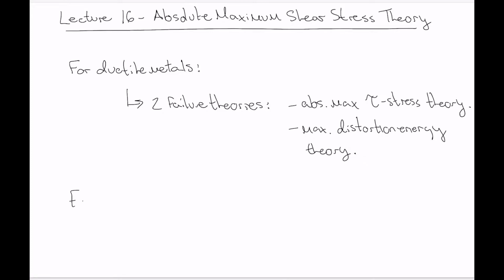So for the absolute maximum shear stress theory, the idea behind this theory is really simple. The idea is that normal stress does not cause failure of ductile metals.